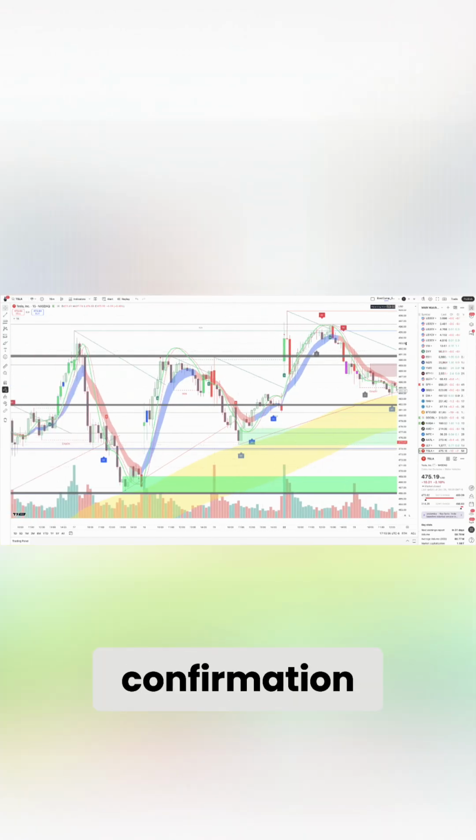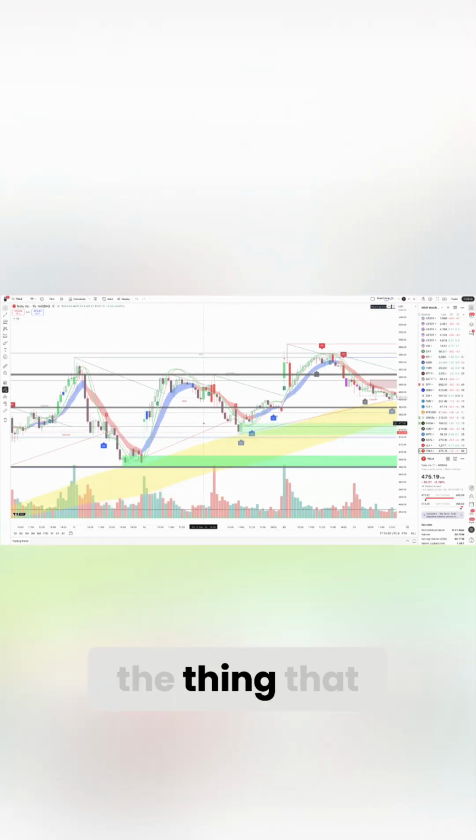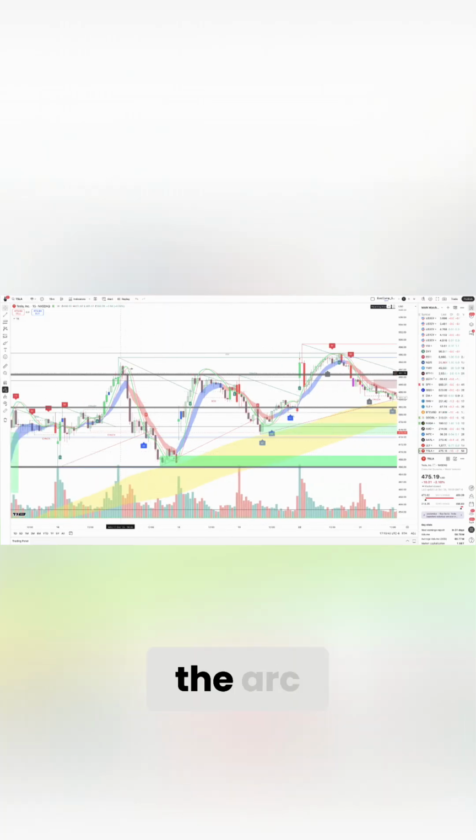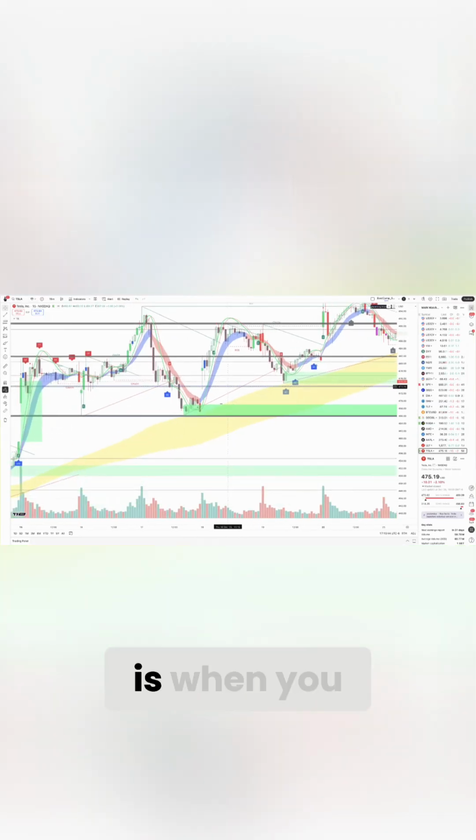So when we're looking at the confirmation system, the thing that makes the inverse arc and the arc powerful is when you partner it with either an order block or structure, which is our historical support and resistance lines.